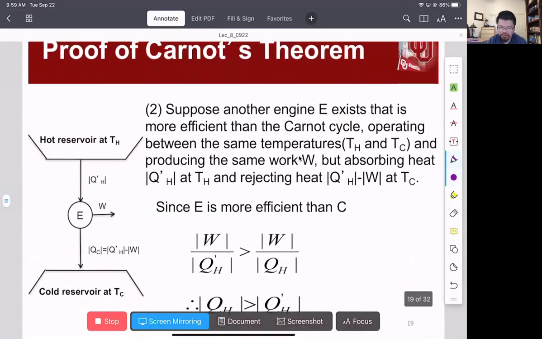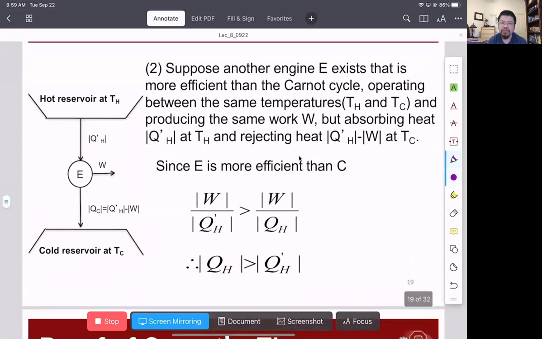So then we try to have this assumption. Suppose we are going to find another engine, E. So that's a different engine. And this type of engine will exist with a better efficiency than Carnot's engine, all right?